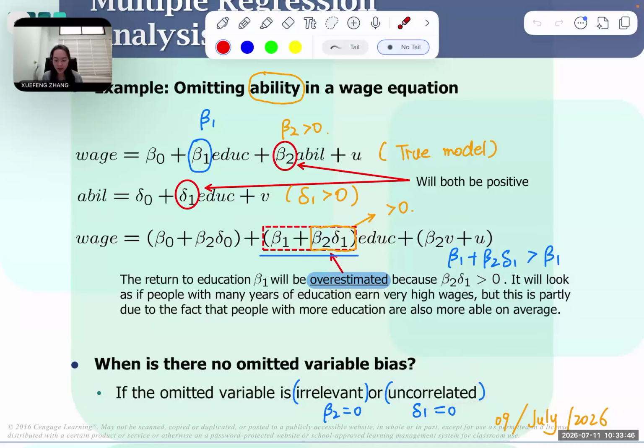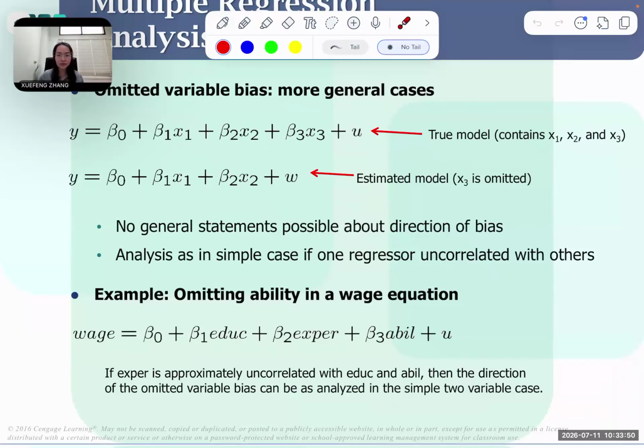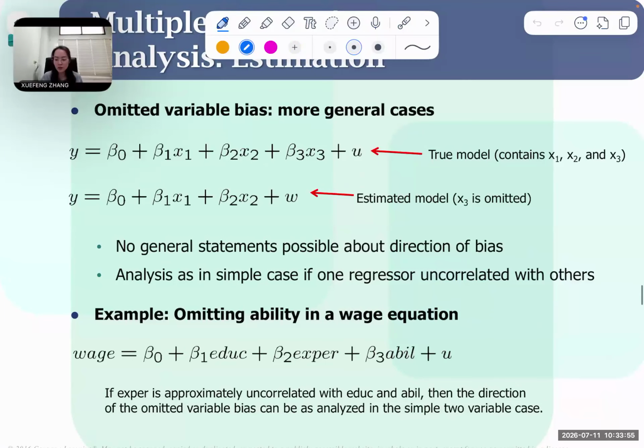But next one, how about if the true model contains x1, x2, and x3, which means 3 x's, but we omitted x3?